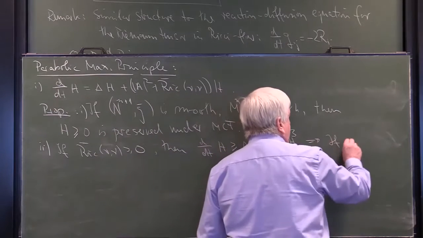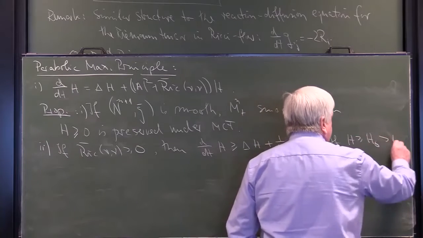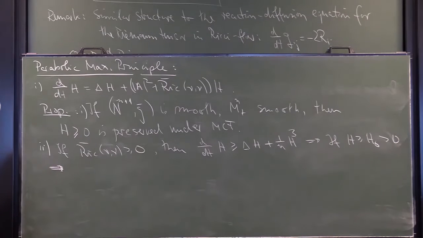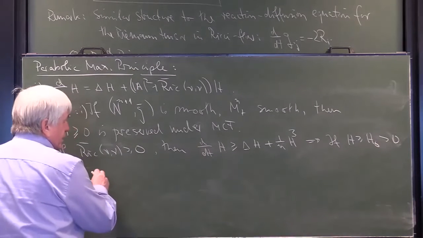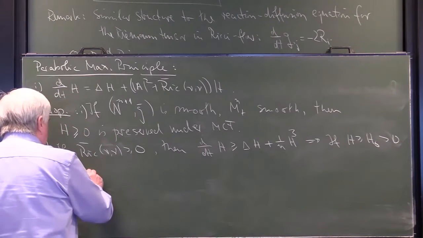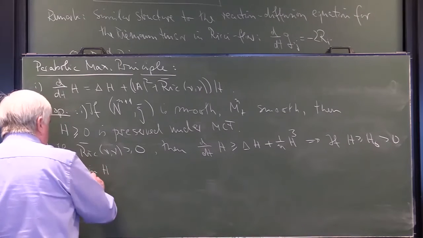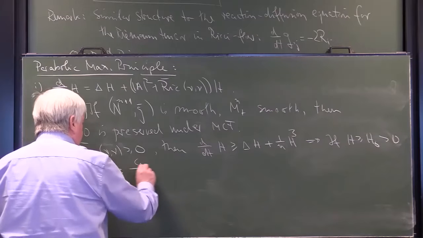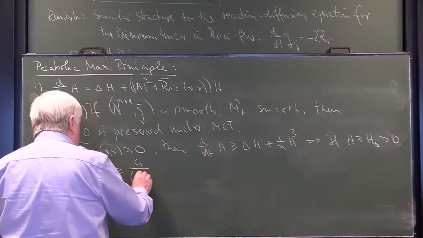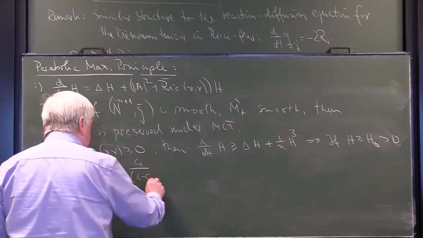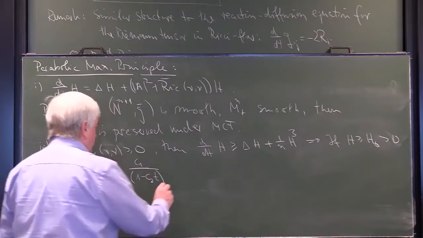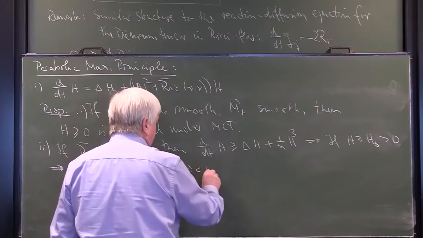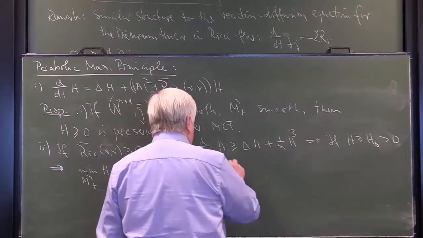So if the mean curvature is bigger than some h0, strictly bigger than 0, then it must be true that the minimum of h over the surface at time t is bigger than some constant c1 divided by 1 minus the constant c2 times t, for all t between 0 and 1 over c2.